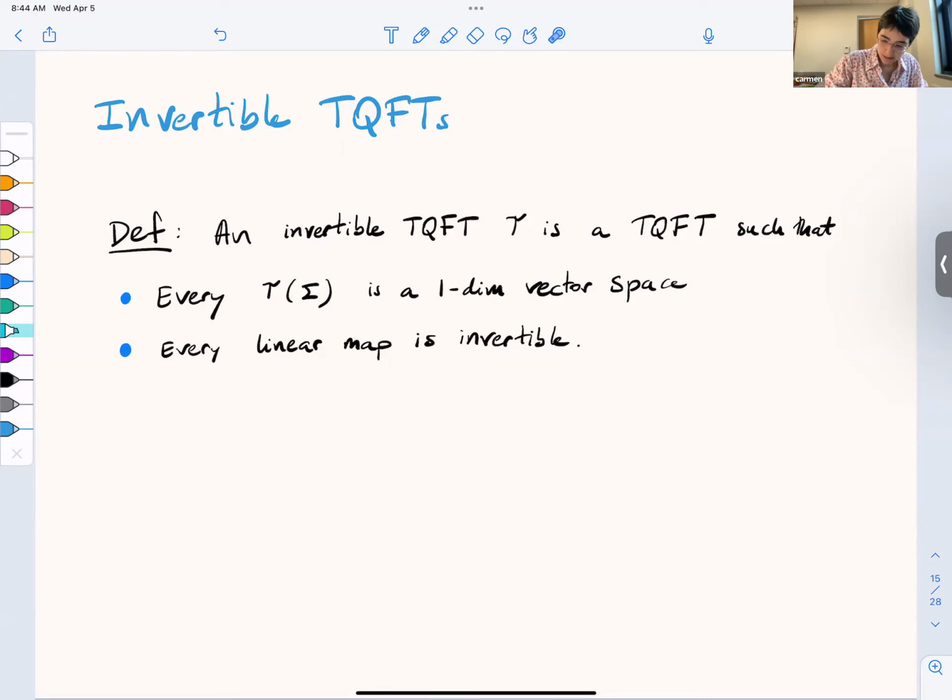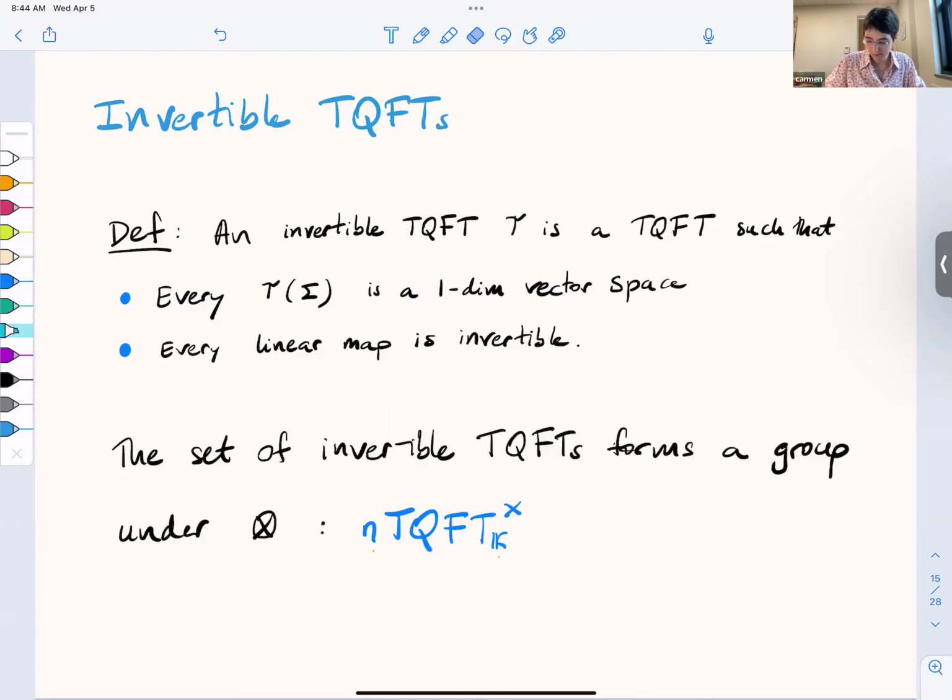Okay, so the set of all invertible TQFTs actually forms a group under the tensor product operation. We do have our inverses, we do have closure because of this one-dimensional restriction. We could go through all of the group axioms, but this set actually forms a group.